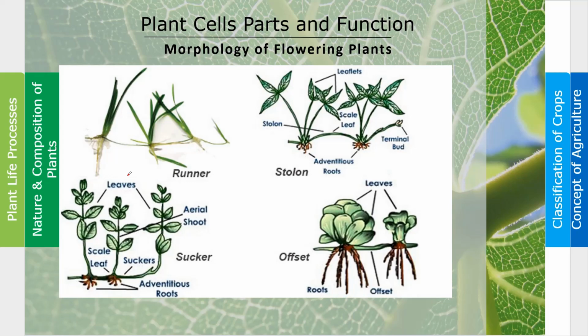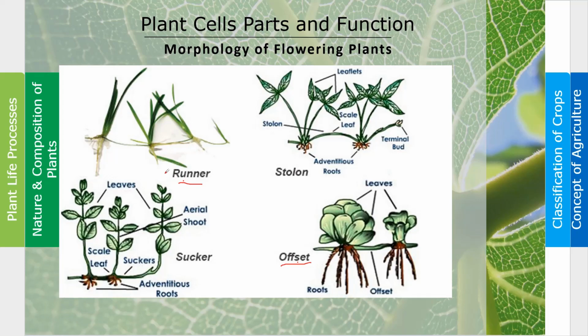So, first modification, we have the runner. So, runner are terrestrial. The opposite ng runner is the offset. Pareho lang sila. The major difference is that the offset is aquatic, and then sa runner, they are terrestrial or sa lupa. Okay?